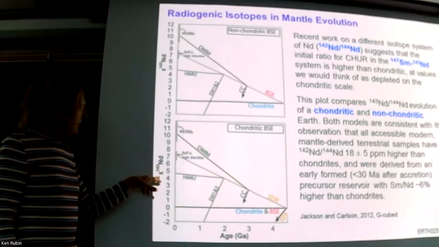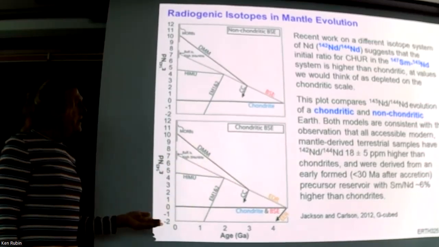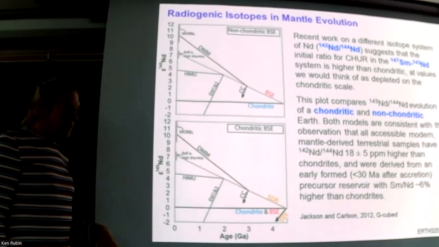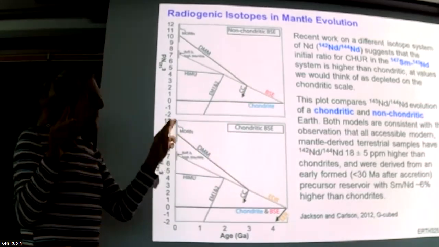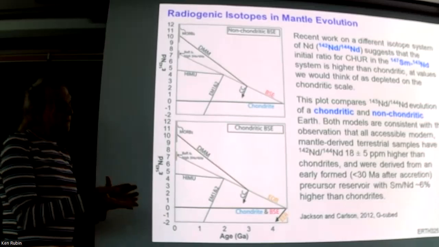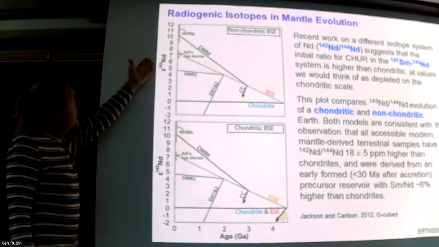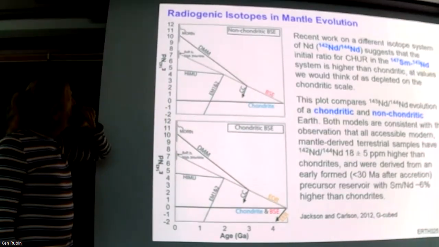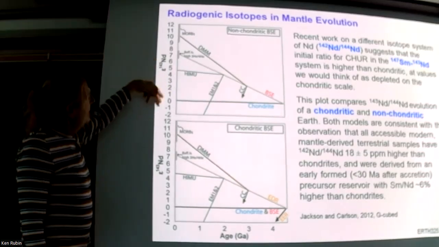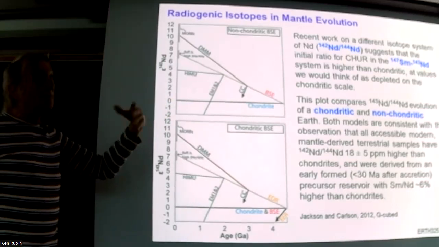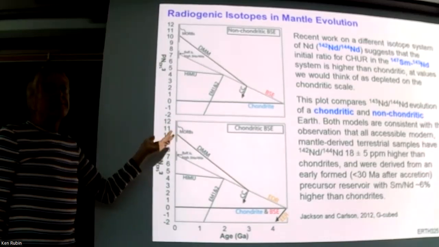And so epsilon units are variations in factors of 10 to the 6th. In essence, when we plot something up in epsilon units, we're taking the value that we measured in our material minus the value of the standard that we also measure, divided by the value of the standard, times 10 to the 6. And so the values that are greater than 0 are depleted, the values that are less than 0 are enriched, and 0 is chondritic.